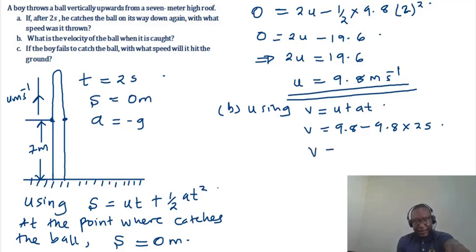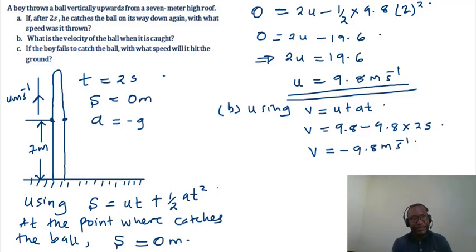So the final velocity is going to become negative 9.8 meters per second. So this negative shows that the ball is now moving in the opposite direction, right? And you can see that if the velocity at this point of projection is positive 9.8, then when it is moving in the opposite direction, the value is the same in magnitude, but then we have different directions because it is at the same level.